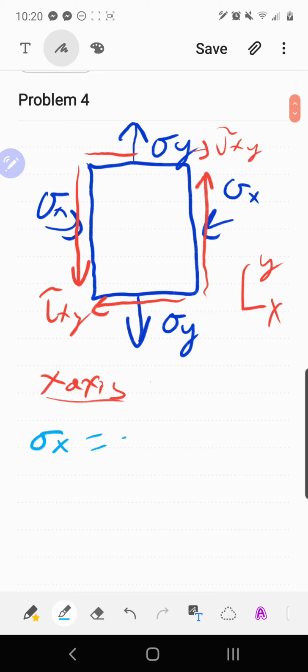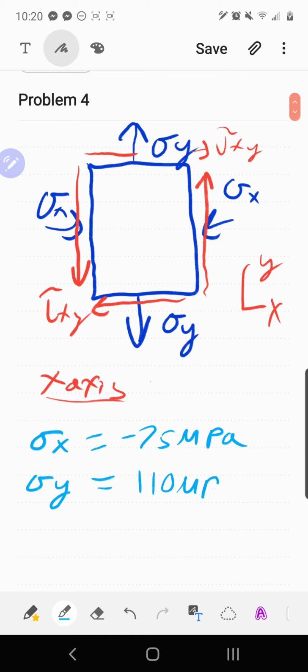Sigma x is going to be negative 75 MPa. Sigma y is 110 MPa. Tau xy is 58 MPa.